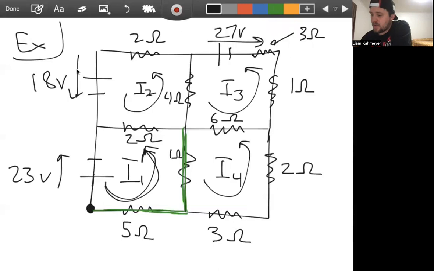We also have an effect from the adjacent circuit there. So we have to take that into account. And because the direction of I1 and I4, since those currents are in opposing direction, that means we need to subtract the contribution from I4.